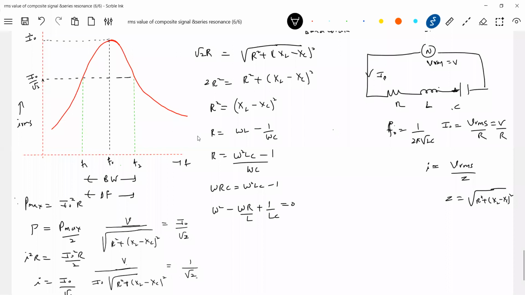Check one's calculation. This will be negative only.